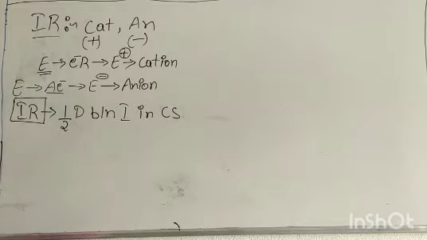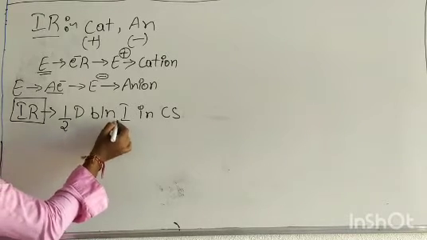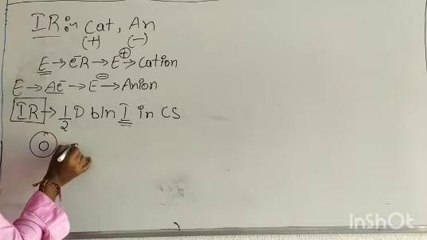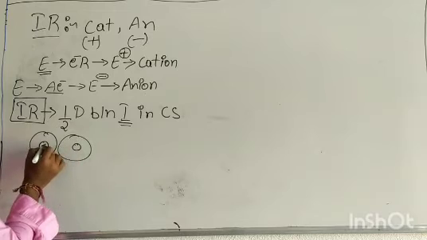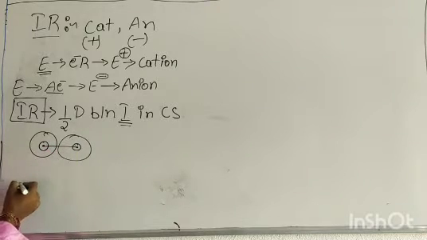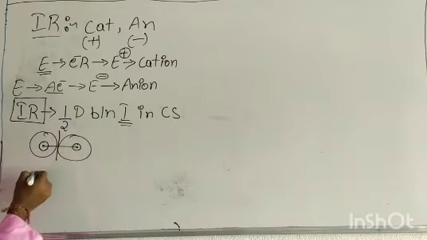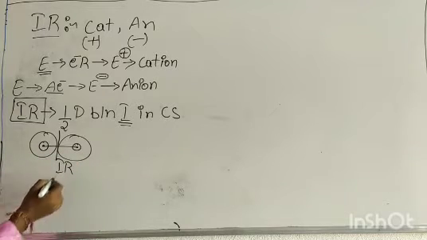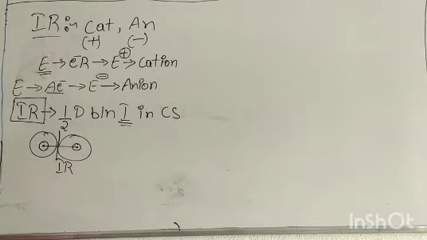If the ions are in the crystal system, one should be a cation and another should be an anion. Half of the distance between these two is considered the ionic radius.